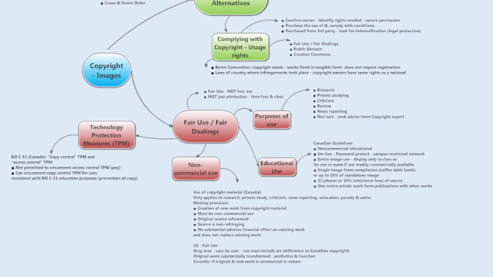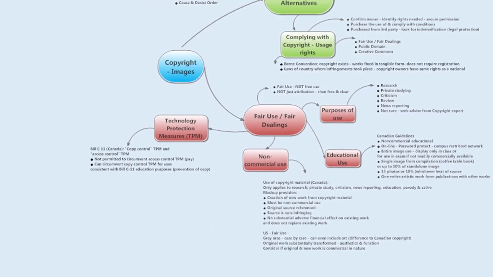You have to actually pay for it. But you can circumvent copy control TPM if you're going to be using the material consistent with the Bill C-11 educational purposes. So in other words, if you have proper right to use that material because it's an educational institute, somebody can't stop you from doing it by putting some technology controls. You're allowed to circumvent that.